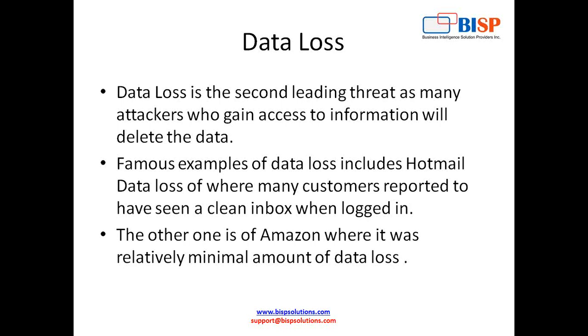The next one is a natural disaster. Natural disasters such as floods, hurricanes and earthquakes. So if the data center is in a zone which is prone to all these natural disasters, and there are no sufficient backups in other places, then data is completely lost.